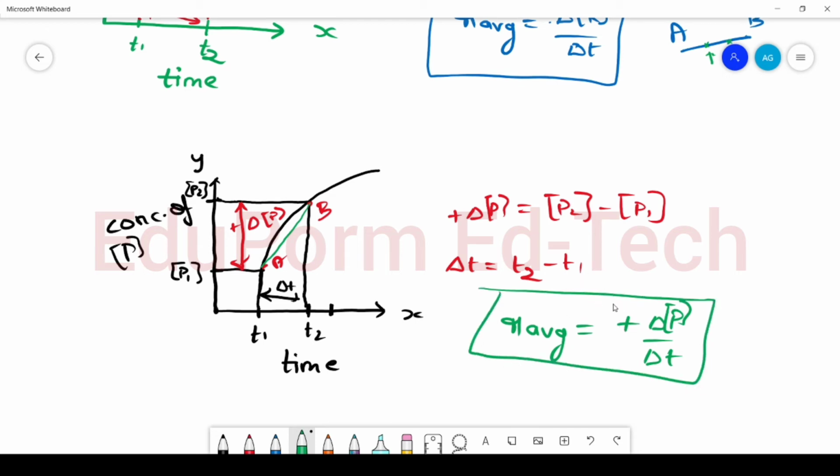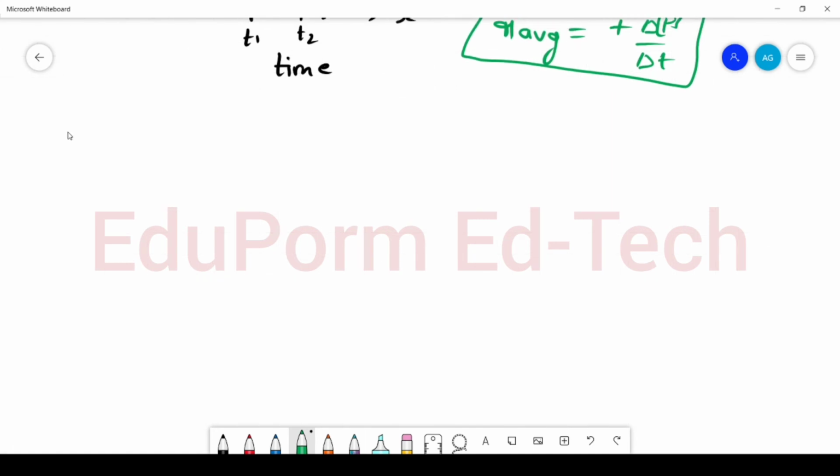Now these are the average rates, because we are getting the rate between point A and point B instead of at any particular point. So these are called the average rates. Now let's say the time interval, delta T, which is equal to T2 minus T1, is nearly equal to 0.